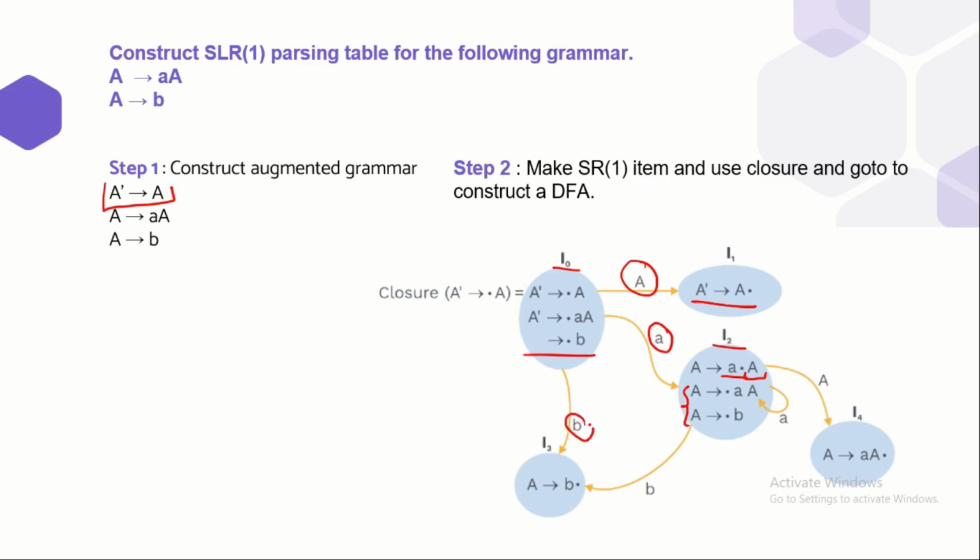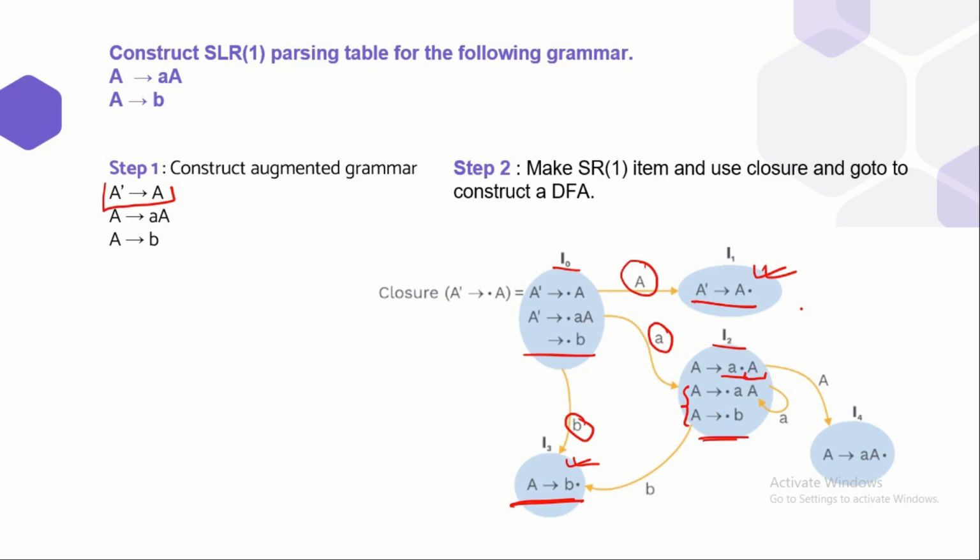On reading B, it shifts to this particular state, and this state can be called a reduced state because it has completely read terminal B. Similarly, this state is also reduced because it has completely read the capital variable A. This is not a reduced state because it has no reduced elements.